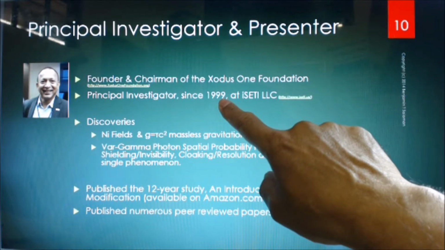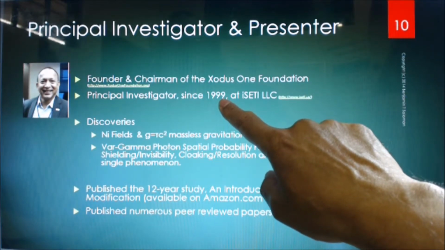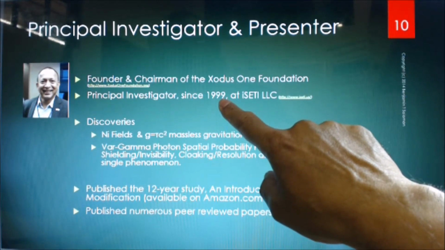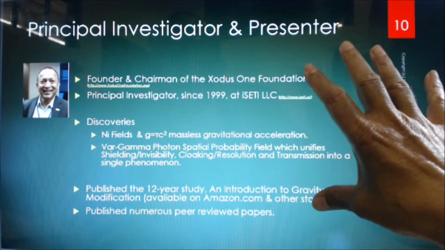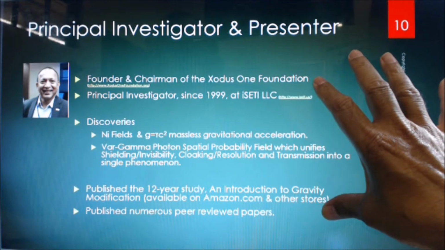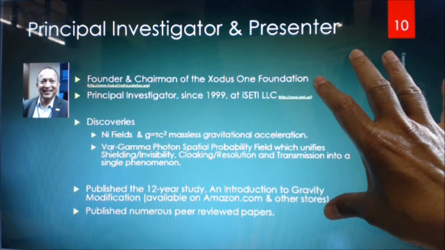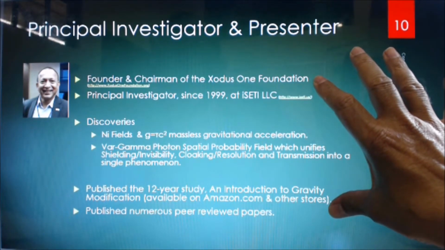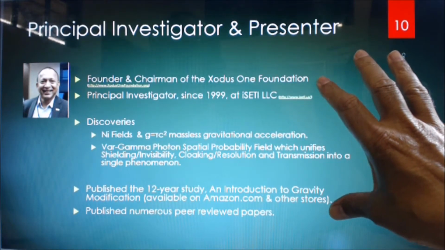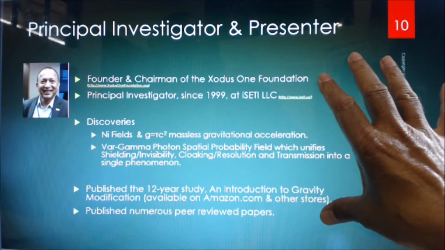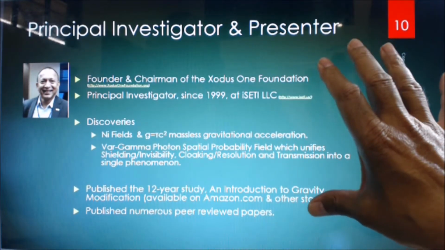From 2009 onwards, the papers have been peer-reviewed by physicists and engineers. On board the Exodus One Foundation, we have our Chief Science Officer, Dr. Andrew Beckwith, who has a PhD in condensed matter theory from the Texas Center for Superconductivity out of Houston. And he has vetted the material here and has given his okay.